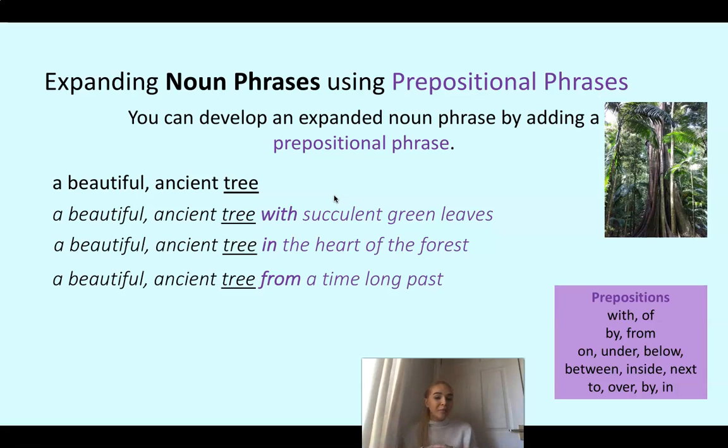And if I'm using the preposition in, it's telling me that this beautiful ancient tree is in a place. Where is it? In the heart of the forest. And if I'm using the preposition from, where is this beautiful ancient tree coming from? Well, it's been around for a long time, from a time long past.